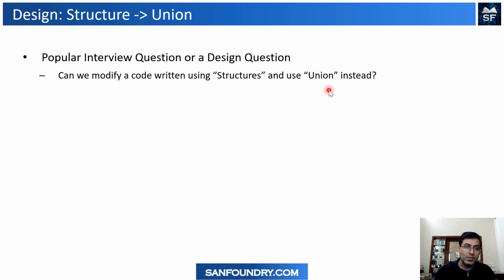It is just not possible because the design requirements for your real world object and operations on the object will govern whether you want to use a structure or a union. You cannot say I want to retrofit a union into a structure or a structure into a union. That's how it doesn't work.